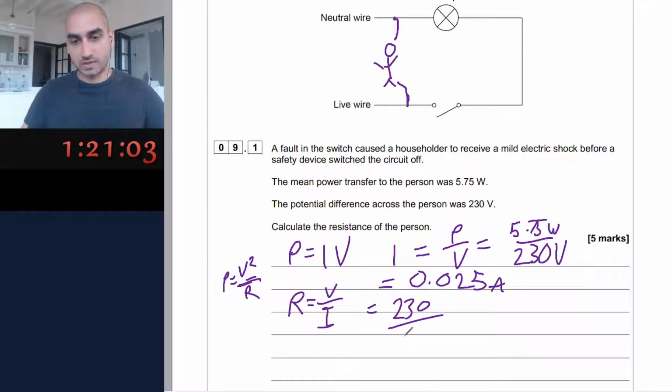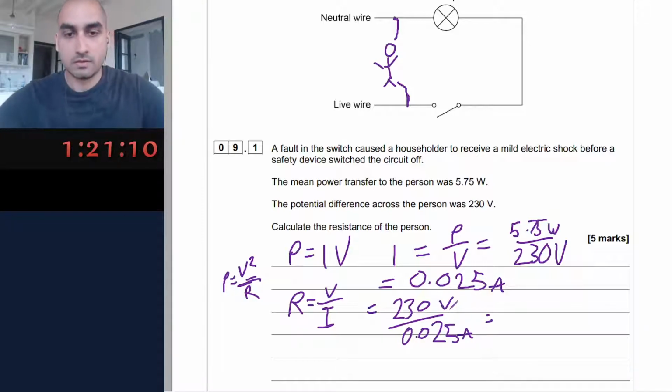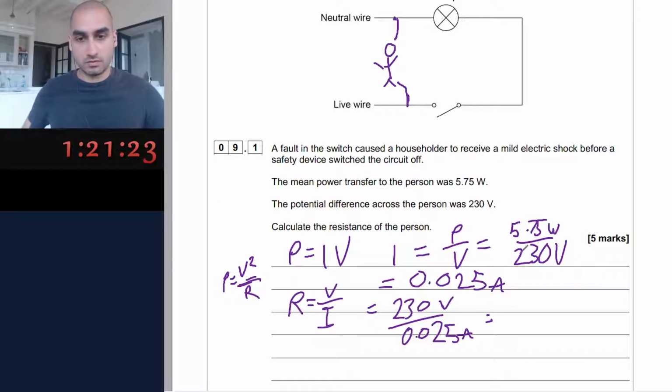So 230 divided by 0.025 amps equals 9,200 ohms.